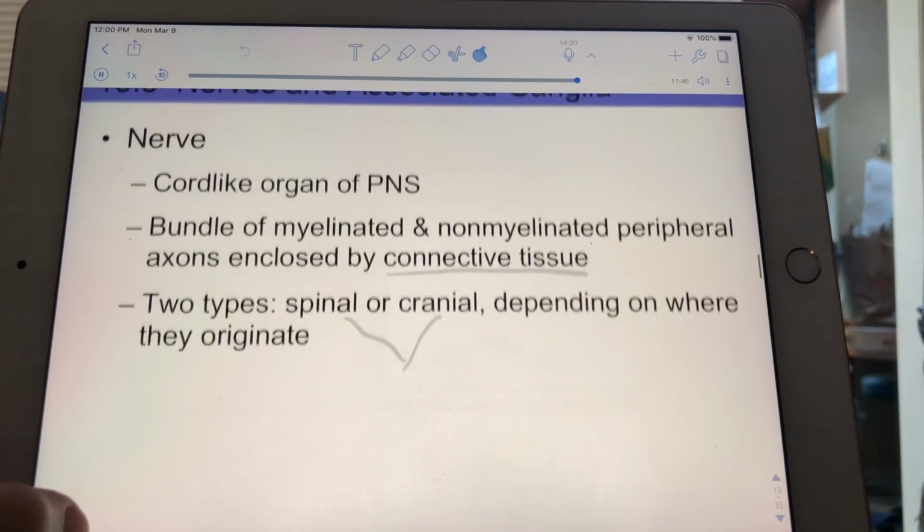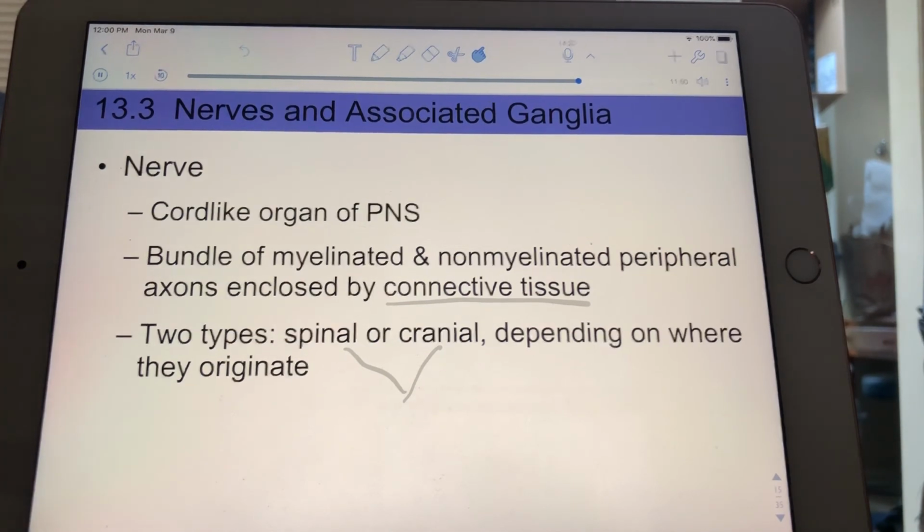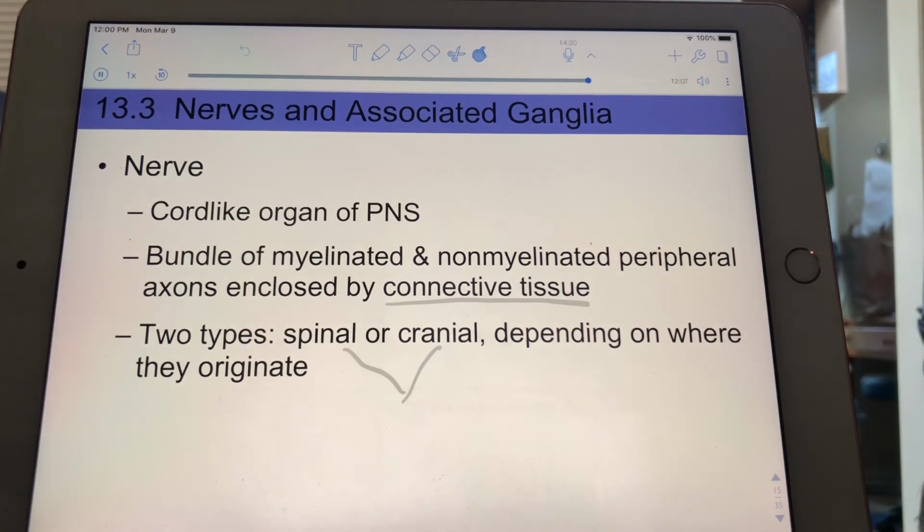So when we were studying skeletal muscle way back in chapter, good grief, I want to say 9. Does that sound right? I think it's 9. We found out that skeletal muscles have subunits that are called fascicles, and those fascicles have subunits that are called fibers, and those fibers have subunits that are called myofibrils.